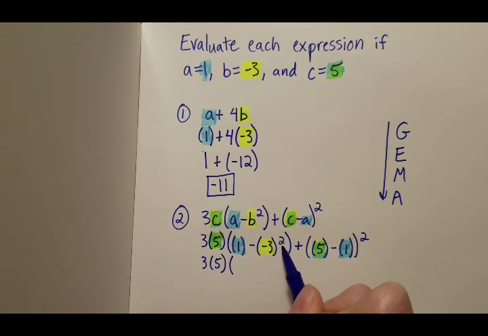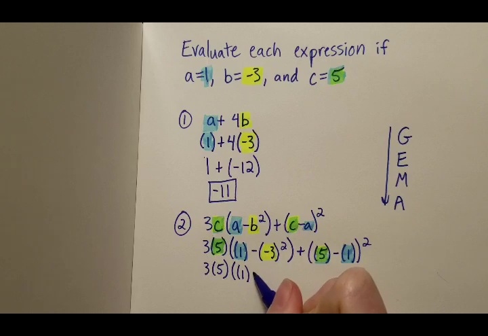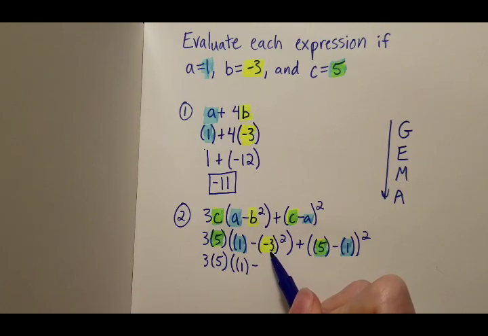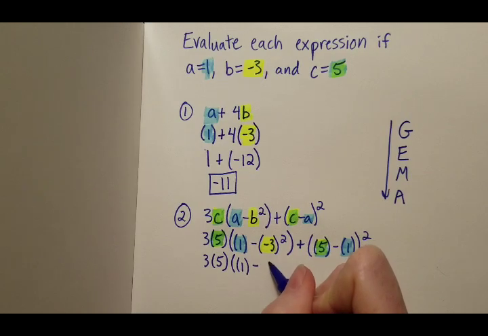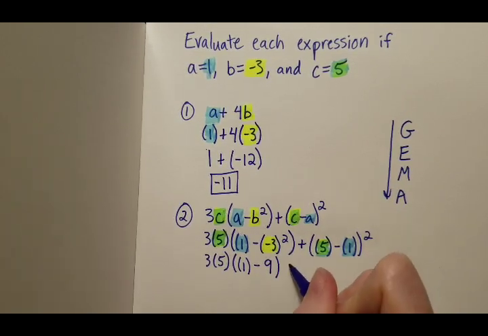But we do have an exponent, so we need to evaluate that first. So 1 minus, okay, so negative 3 squared is the same thing as saying negative 3 times negative 3, and negative 3 times negative 3 is positive 9. So negative 3 squared evaluates to positive 9.